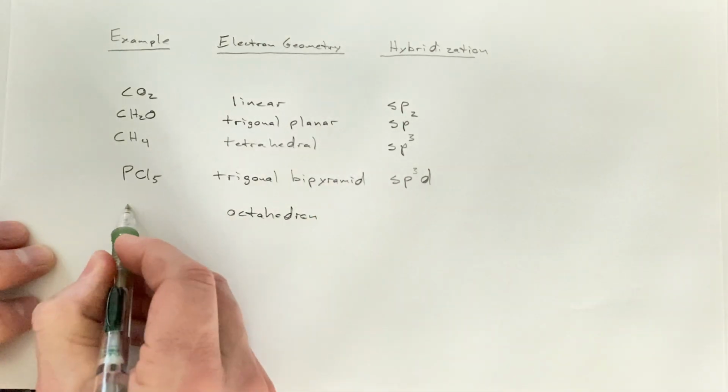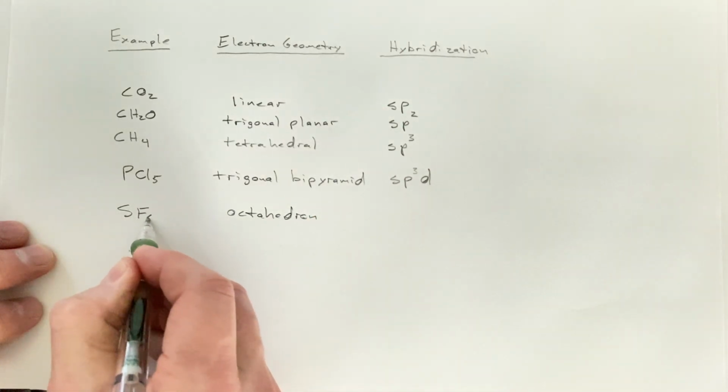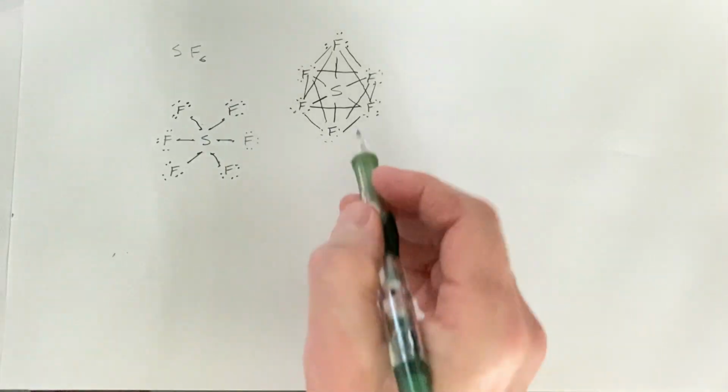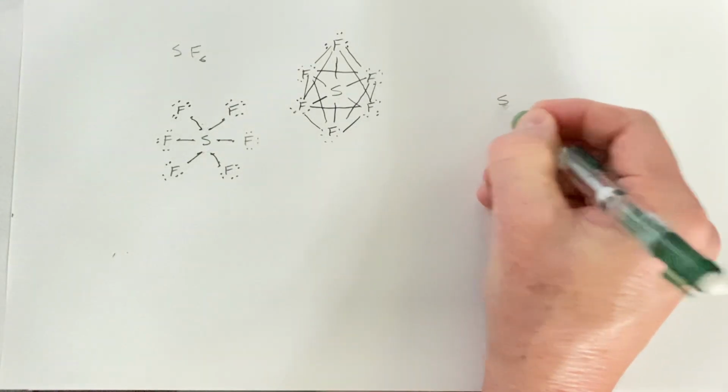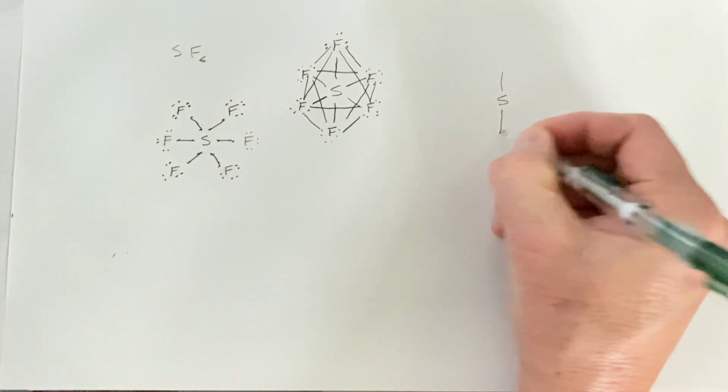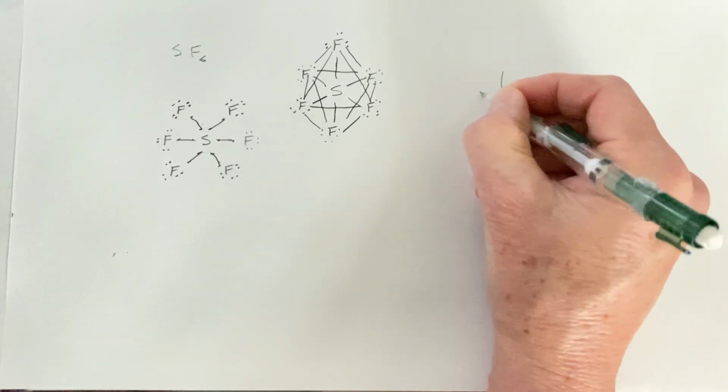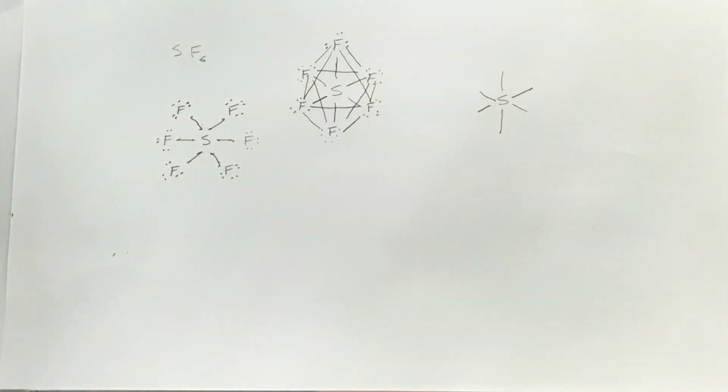Our species in this case was SF6. As we look at this, we realize our sulfur atom needs 1, 2, 3, 4, 5, 6 hybrid orbitals. Sulfur, again, is not a period 2 element, it is a period 3 element. So when it hybridizes orbitals, it is not hybridizing orbitals from the second shell, it is hybridizing orbitals from the third shell.